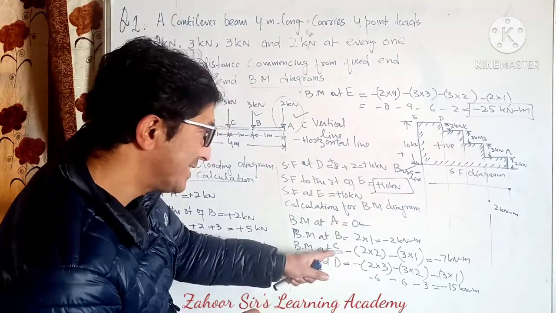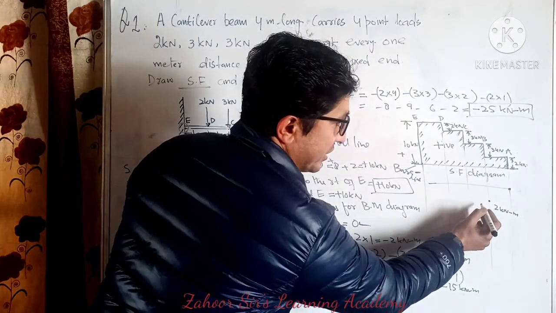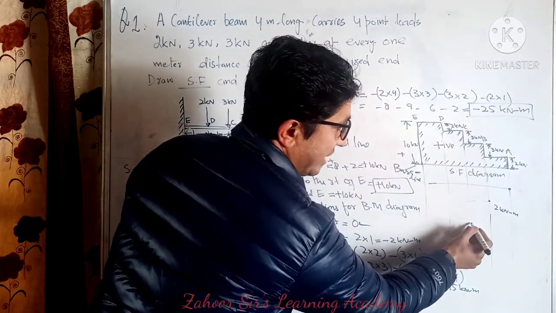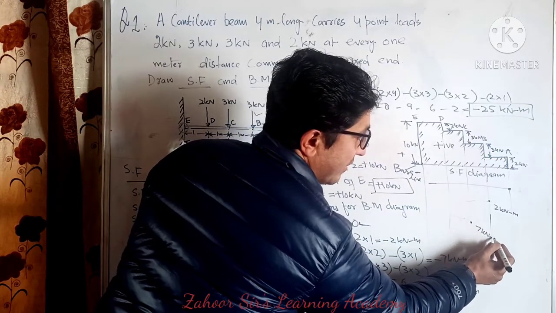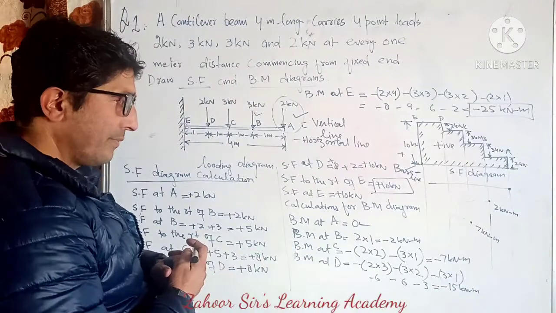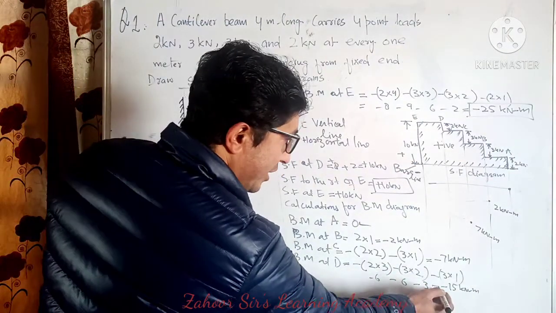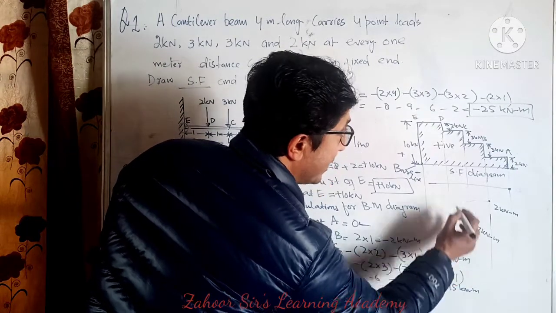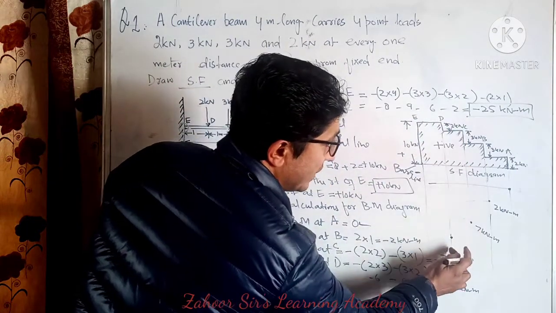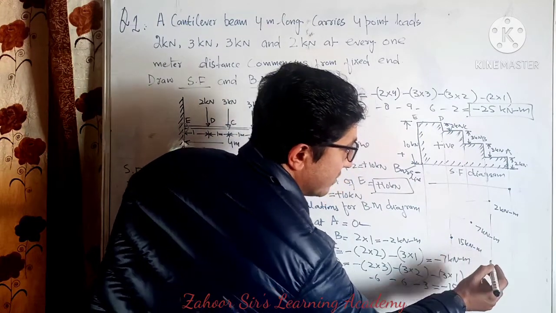Then at C it was 7. So from this point to this point it is 7. Already 2 here, so 7 somewhere here. 7 kilonewton meter. So at D, what was at D? At D it was 15. So somewhere here, this is the D point. 15 kilonewton meter.